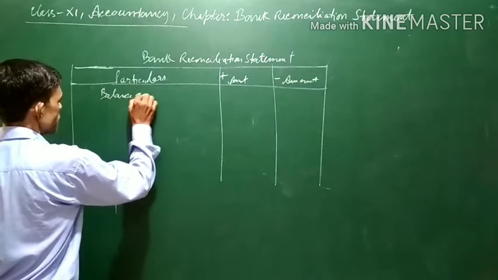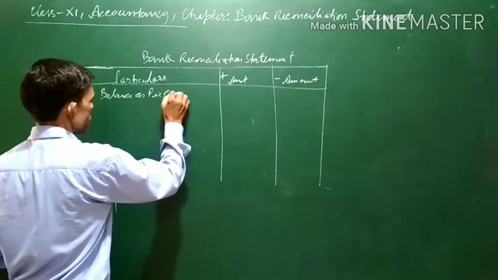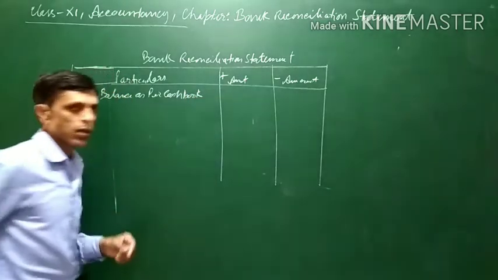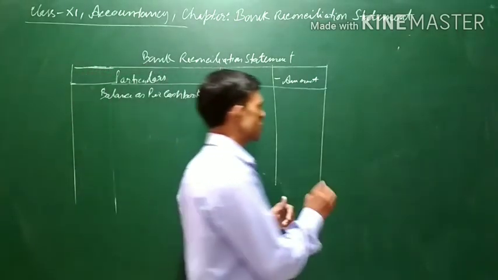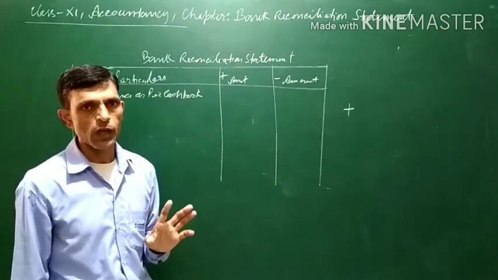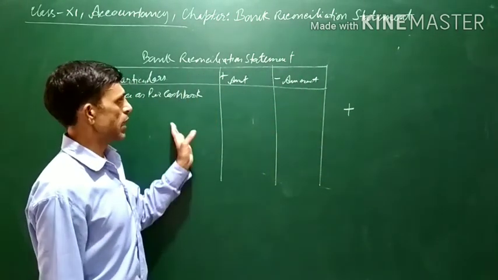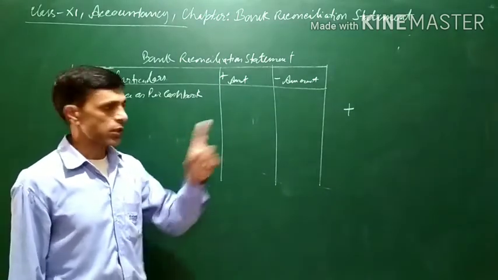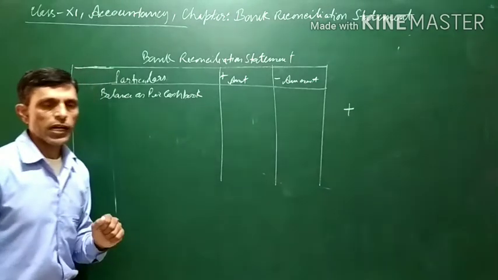balance as per cash book. Now, if the balance as per cash book is given, we will always consider it as a positive balance. If it is given in the question that balance as per cash book, we will always consider the balance as positive.